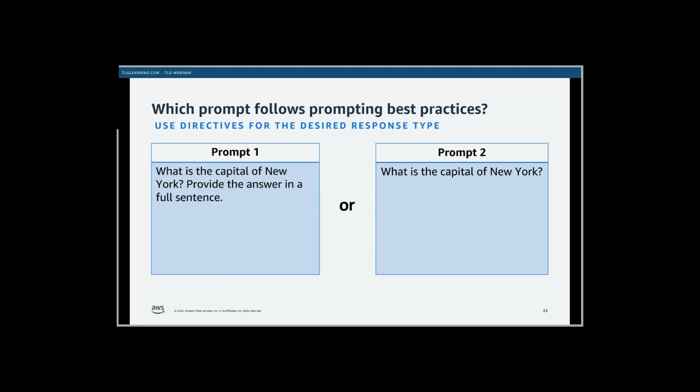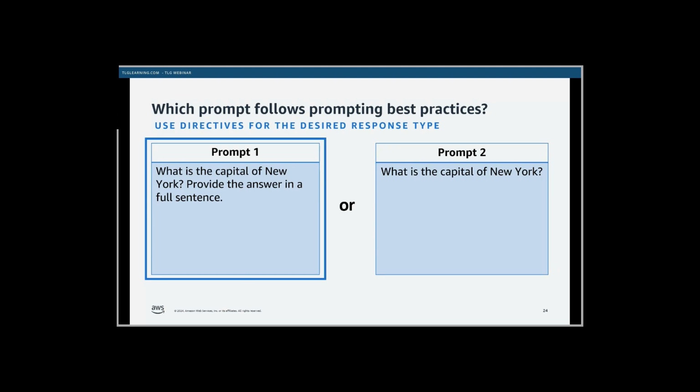Our next best practice, use directives for the desired response type. Which prompt demonstrates that? You made your choice. If you selected prompt number one, then you are correct.